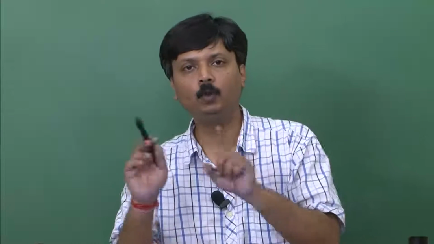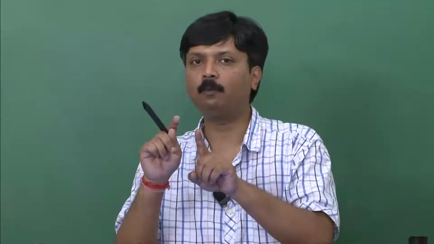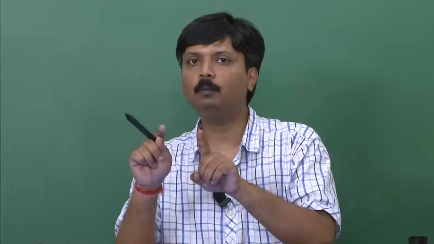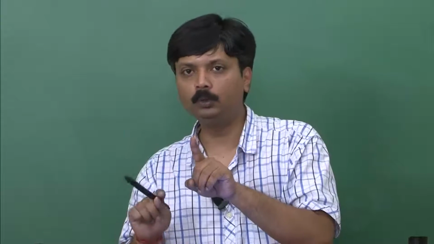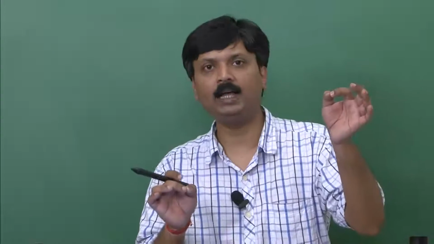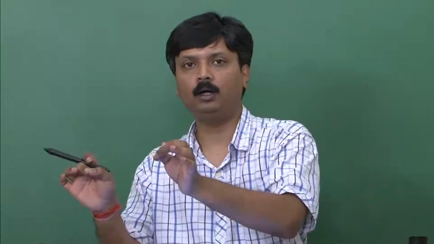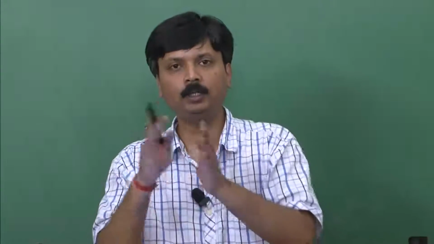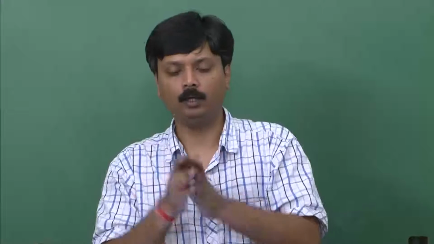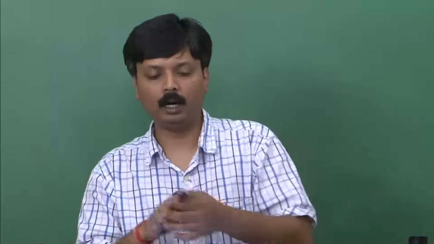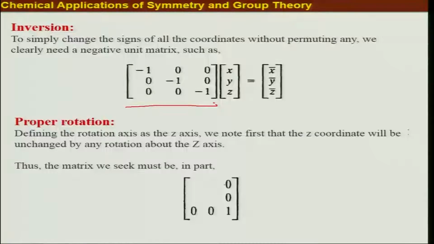If I had 2 points, I would have a total of 6 coordinates, because I will have x1, y1, z1, x2, y2, z2. So my matrix would then be a 6 by 6 matrix. And I will have 6 diagonal elements which will dictate the fate of these points from the starting point to the ultimate structure. So that's about the inversion symmetry and its matrix representation.